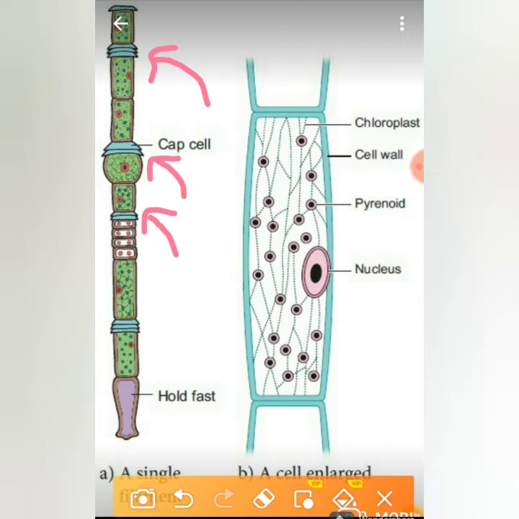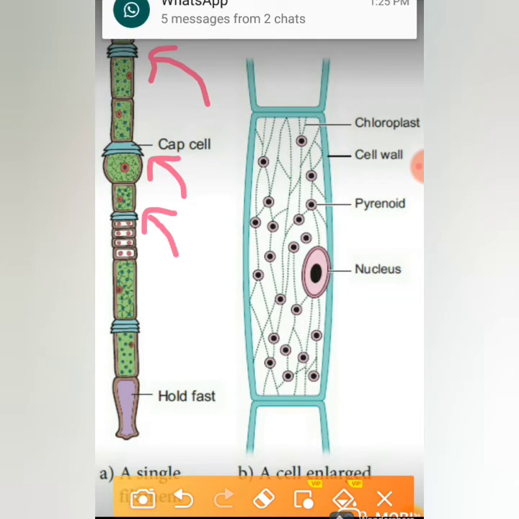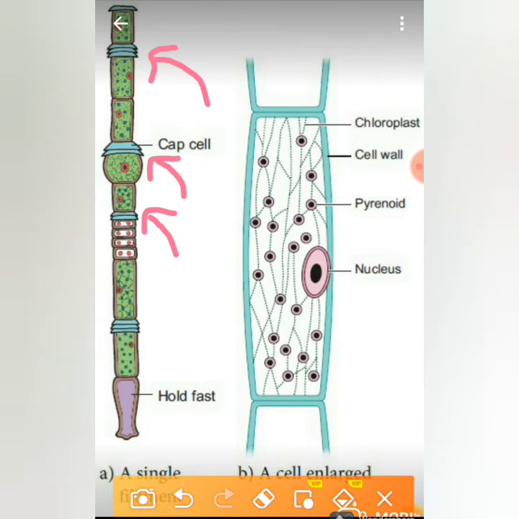Towards the upper end of some cells, you can find these ring-like structures, which are known as the cap, or the apical cap. And the cells which contain these apical caps are referred to as cap cells.